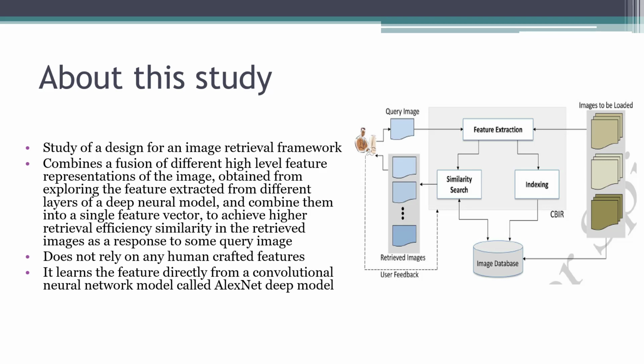This study proposes a design for an image retrieval framework that combines a fusion of different high-level feature representations of the image, obtained from exploring the features extracted from different layers of a deep neural model and combining them into a single feature vector, in order to achieve higher retrieval efficiency and to increase the degree of similarity in the images retrieved in response to a query image.